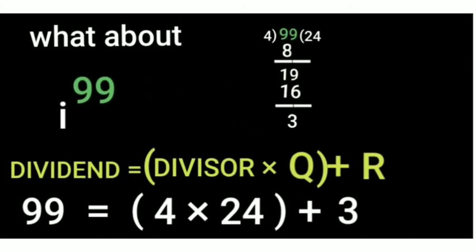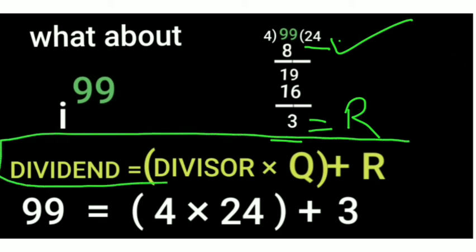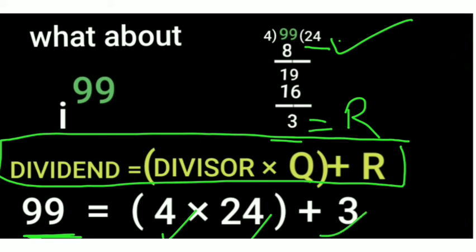First, divide that number by 4. When we divide, we get quotient 24 and remainder 3. We know the formula: dividend equals divisor into quotient plus remainder.